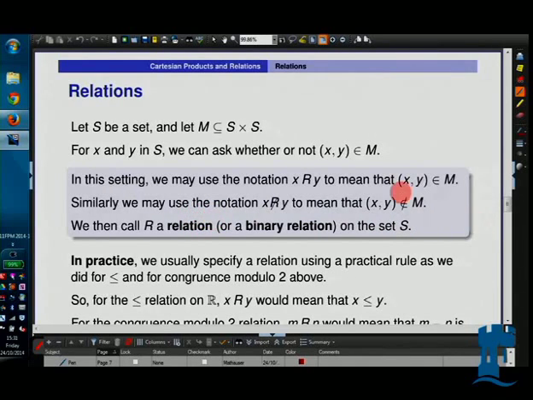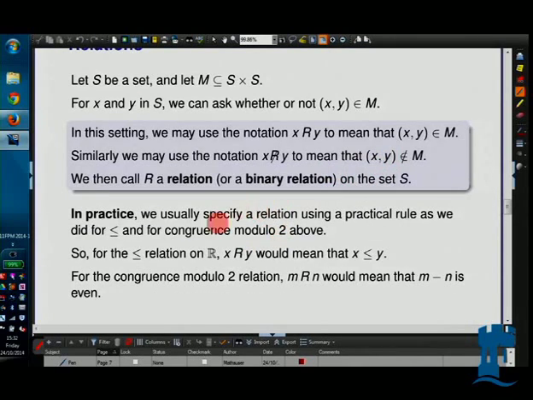And that's very abstract, but usually we use a practical rule. Okay, so whenever I tell you what a relation is in this module, I'll always give you a practical rule, not some weird set. I've told you, we know what less than or equal means already. I've told you what congruence modulo 2 means. It means that m minus n is even.